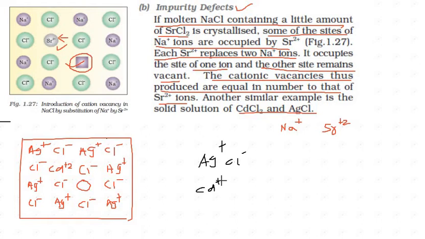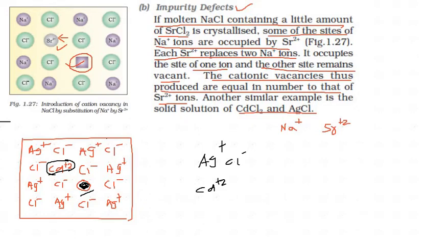Cd plus 2 ions, very similar to Sr plus 2, replace two Ag plus. One is replaced from here and the other from here. One site is occupied by the Cd plus 2 ion, but the other site remains vacant. This is how a vacancy is generated because of the introduction of an impurity, which is called impurity defect. I hope the second category is clear.